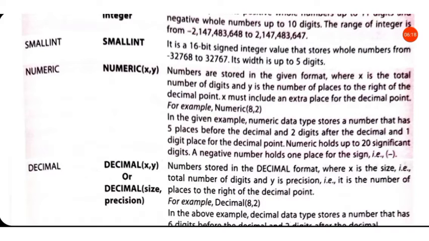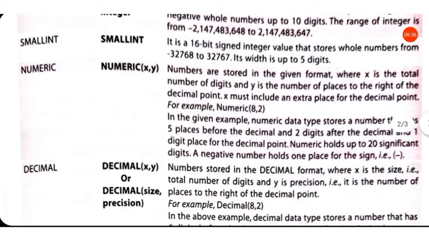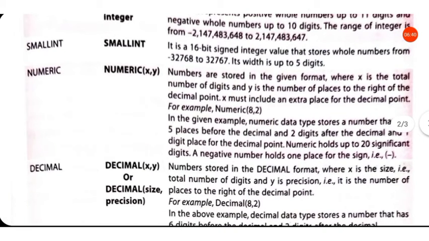In the given example, numeric data type stores a number that has 5 places before the decimal and 2 digits after the decimal. If we have specified 8, then 6 digits will be before the decimal and 2 digits will be after the decimal.